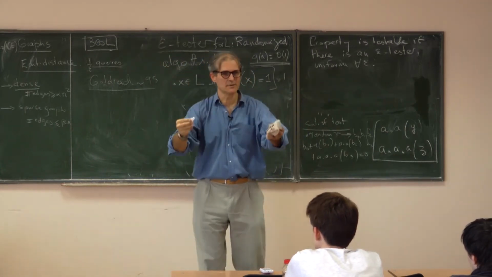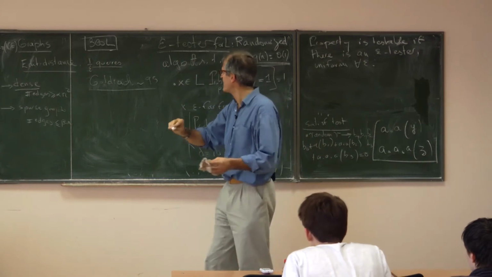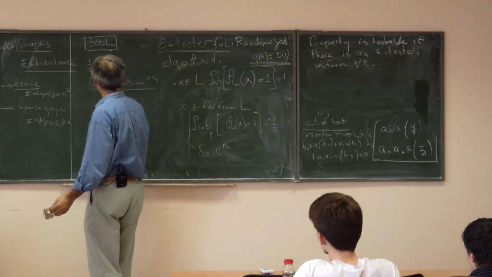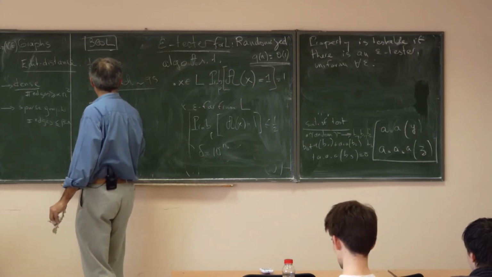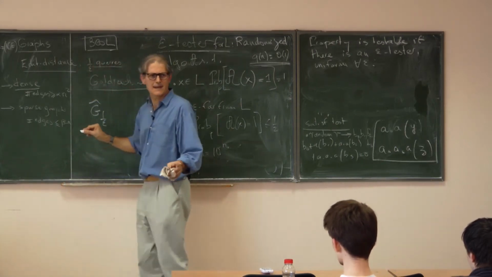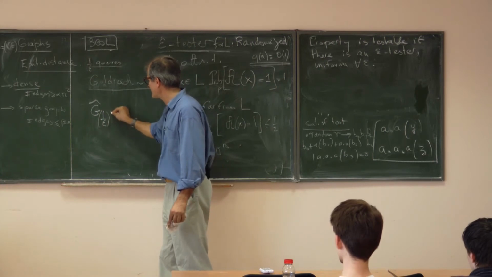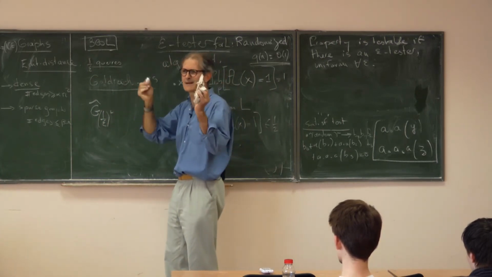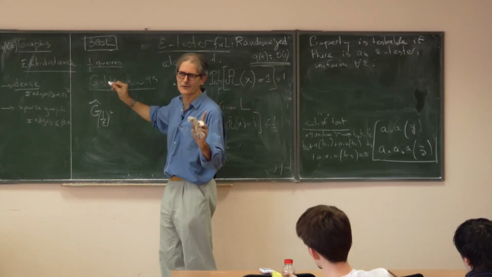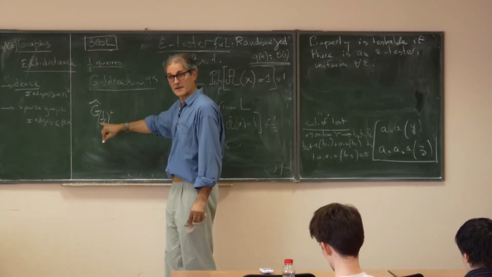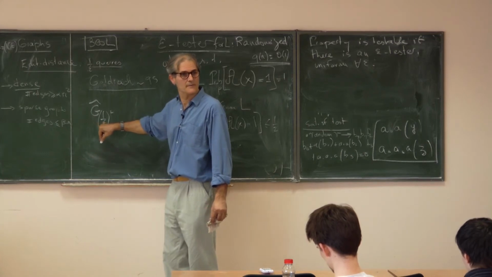Okay, so you take a sample, you see a subgraph of size 1 over epsilon. Okay, so you take a random subgraph of size 1 over epsilon. It could be that it is 1 over epsilon square. I have to remember exactly the numbers, but it's either 1 over epsilon or 1 over epsilon square. This is a random induced subgraph.